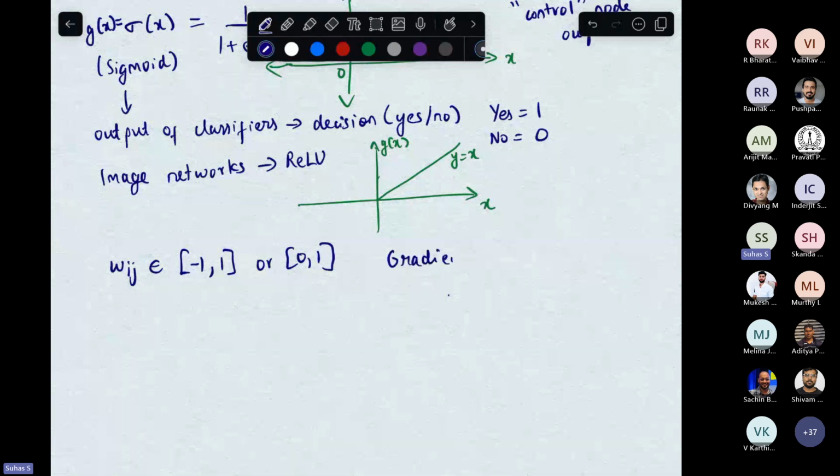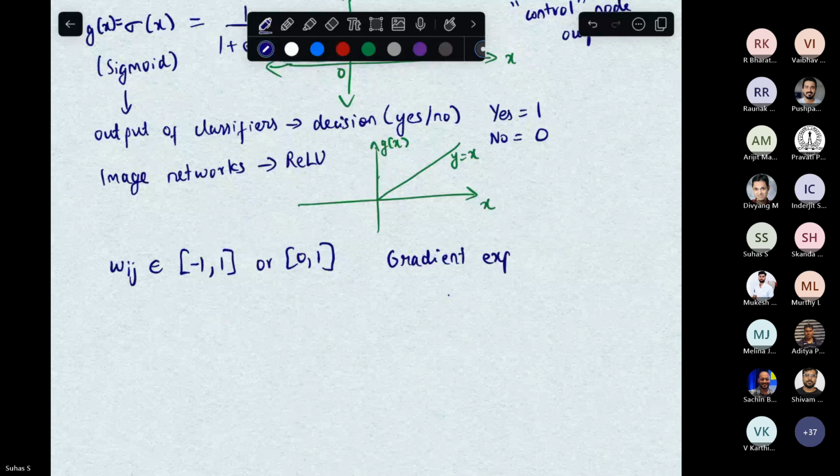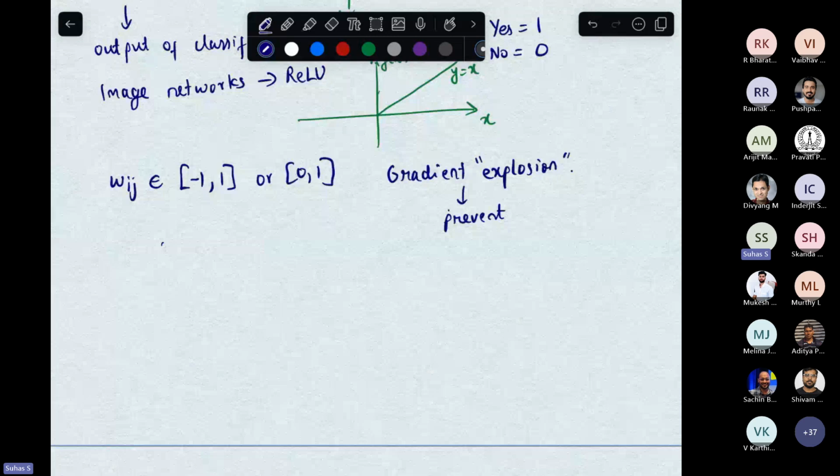You want to avoid this gradient explosion. I'll come to what this is later on, or it will also be covered in the course, I believe. So we want to prevent gradient explosion, so we choose the weights to be in some range where they are very small. I hope that answers your question for now.